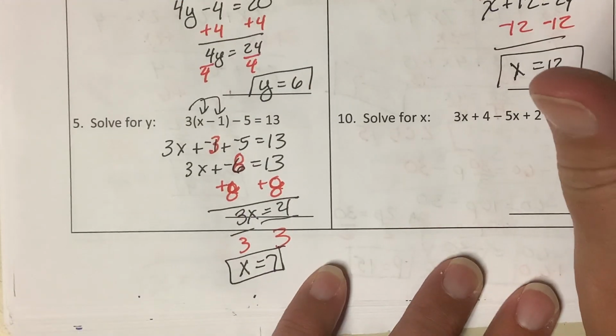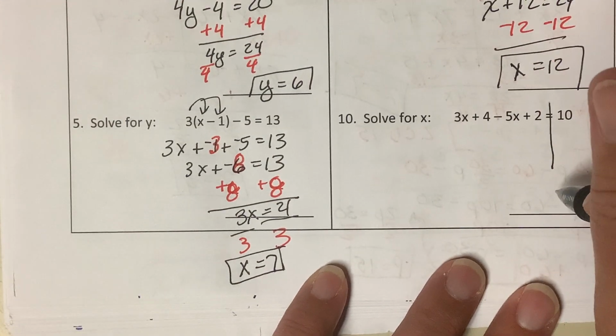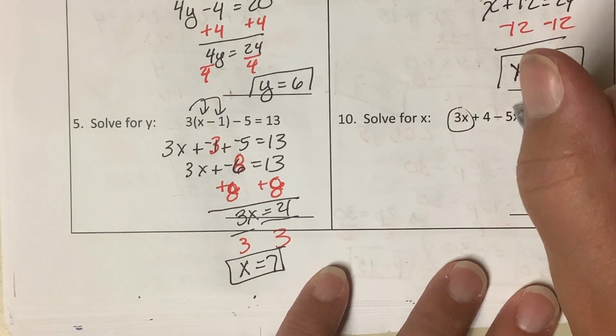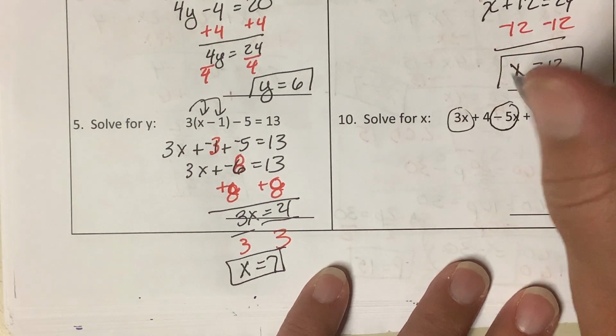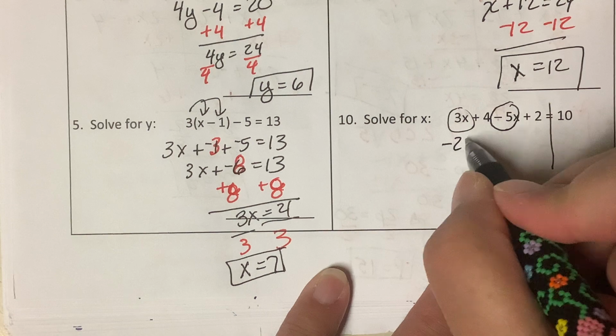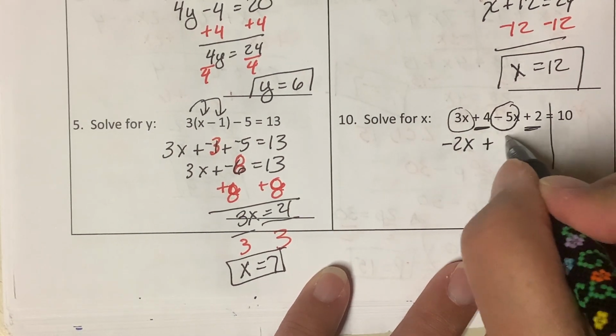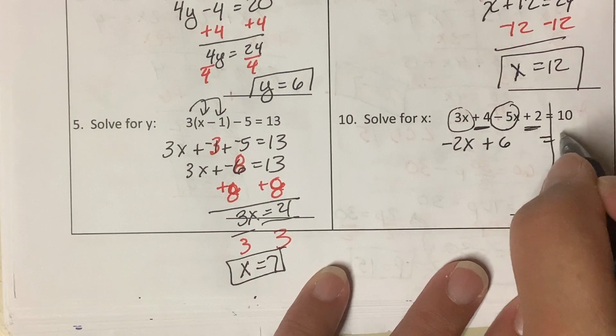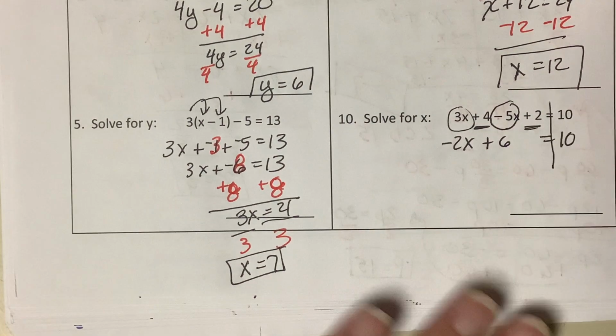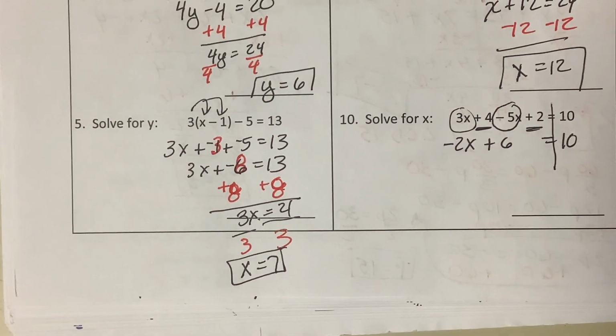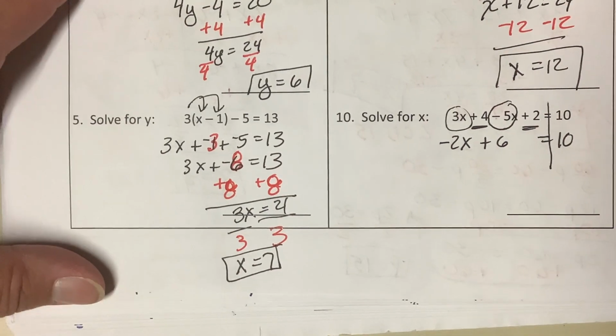All right, put a line here. Combine like terms. 3x minus 5x, negative 2x. 4 plus 2 plus 6 equals 10. On the same side of the equal sign, you do the same operation that's shown.